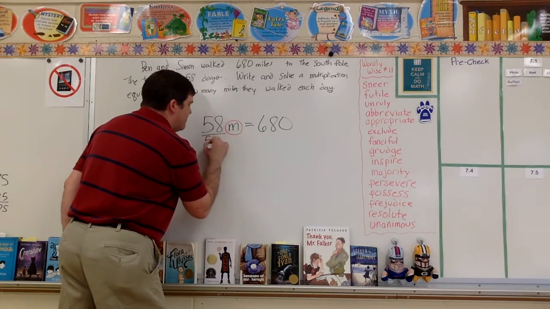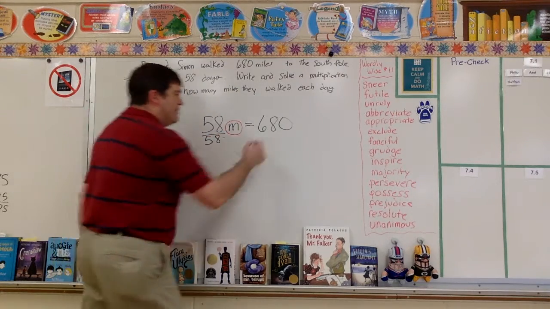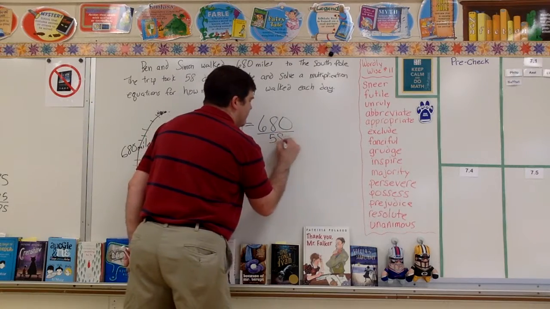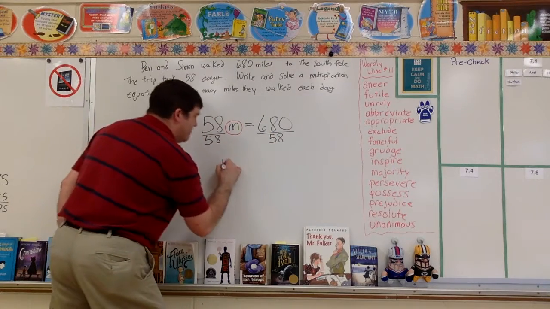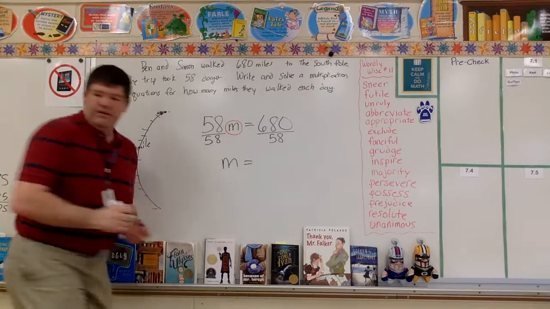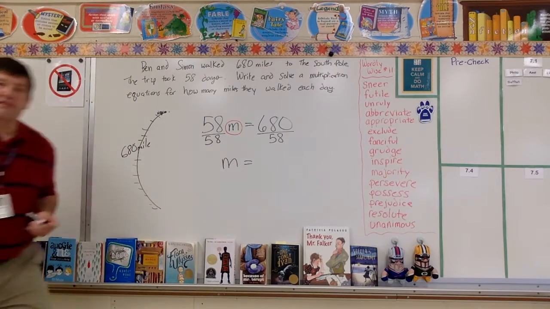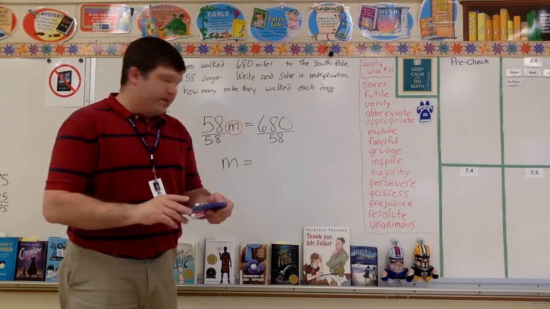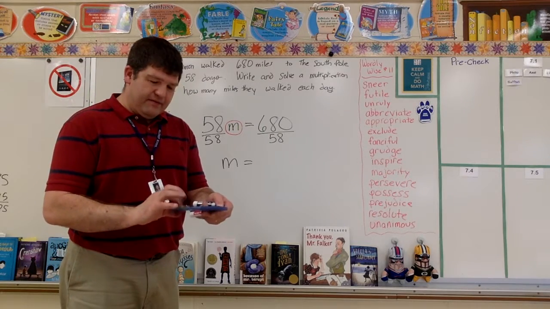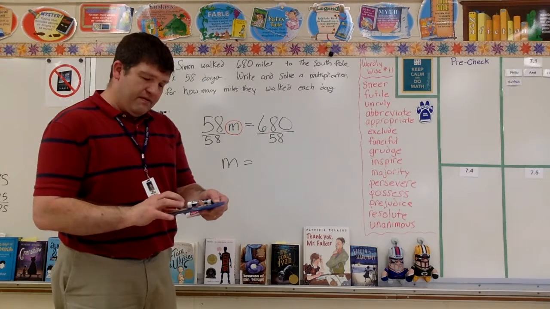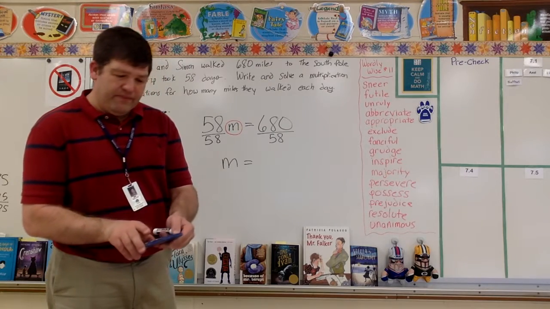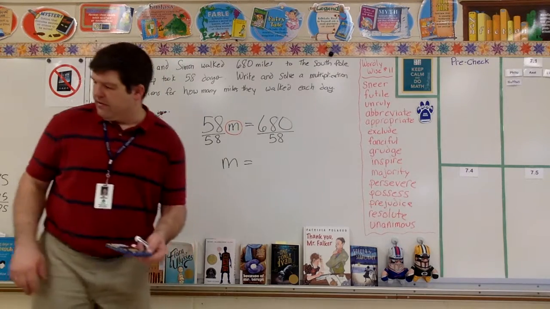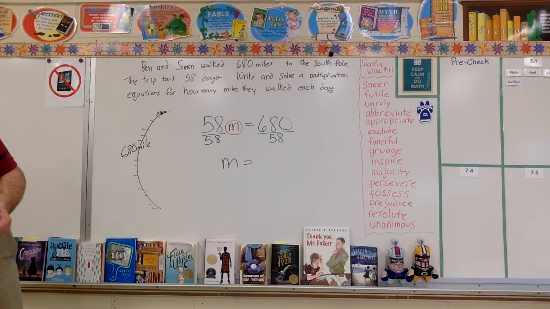So I want to divide by 58 and divide by 58. This is going to give me m equals, nice little calculator. I could do this by hand, but I want to do it here to make it a little quicker. 680 divided by 58 equals, wait a minute, that does not seem right.